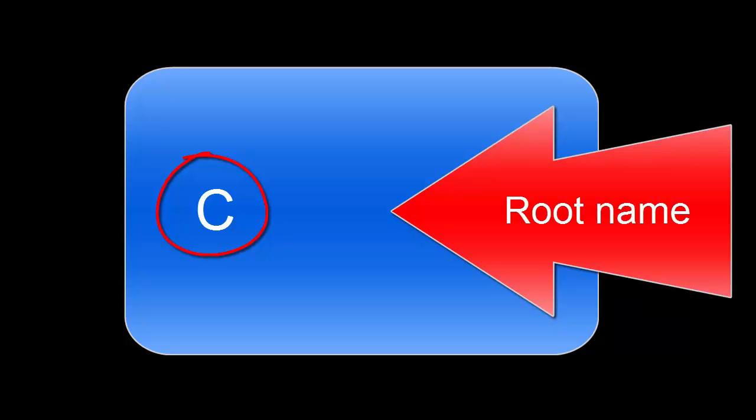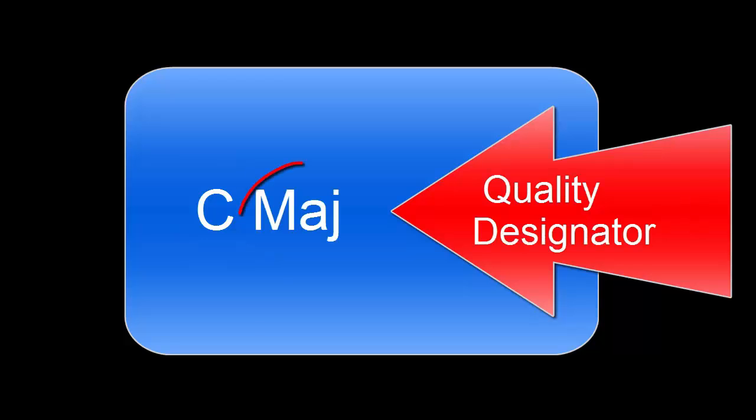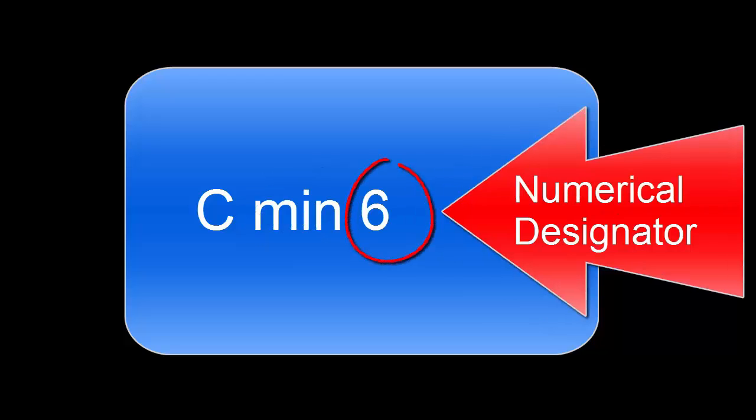The four quality designators that we will use in abbreviated form are major, M-A-J, minor, M-I-N, diminished, D-I-M, and augmented, A-U-G. The third component of the chord symbol is a numerical designator that can indicate an extension to a note of the basic triad or an extension of the basic triad by a 6th, 7th, 9th, 11th or 13th.